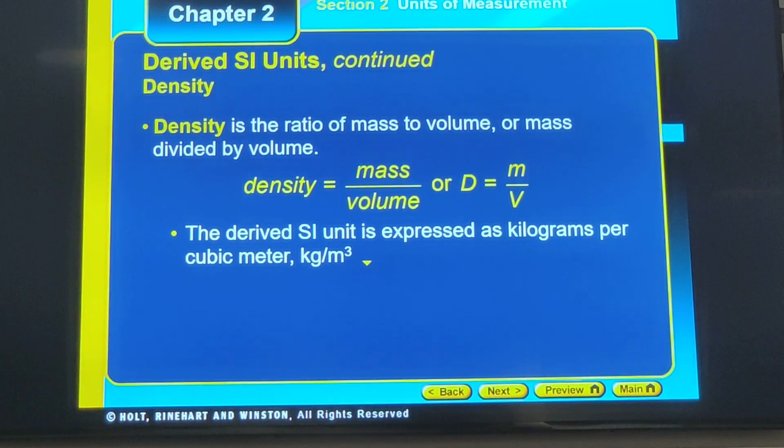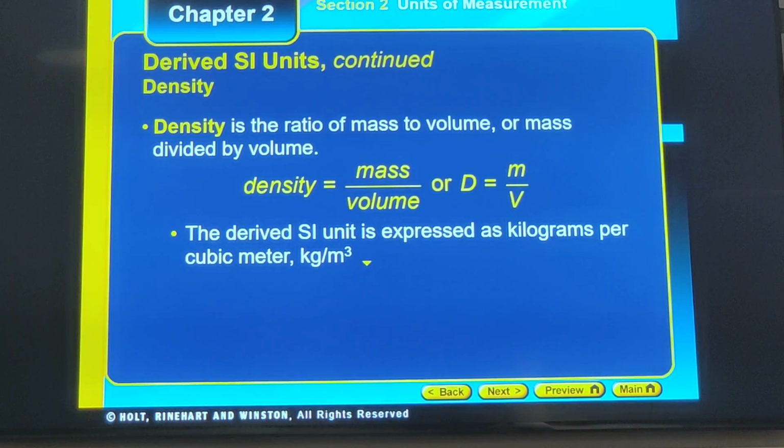The units for density, all you have to do is take the SI units for mass and the SI units for volume, and then you come up with the density. You just plug in their units. The unit for mass is going to be kilogram, we said, right? And the unit for volume is cubic meter. So the SI unit for density is going to be kilograms per cubic meter.